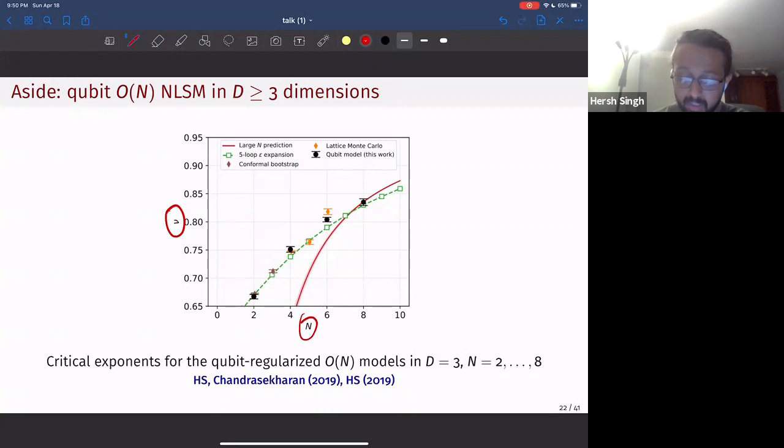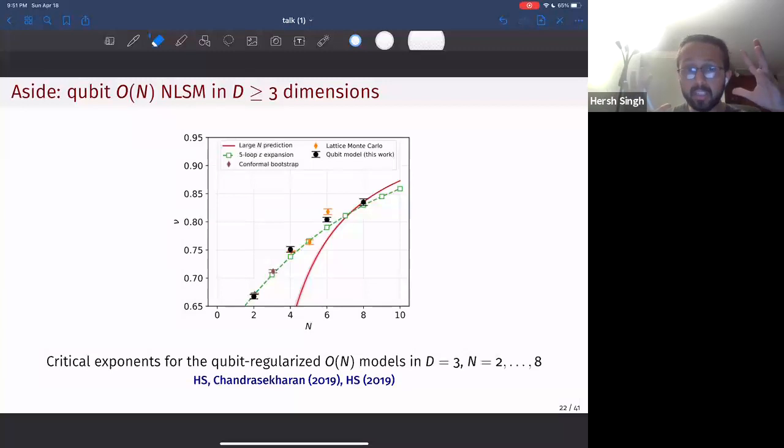For example, this green line is a 5-loop epsilon expansion, and then there's large n. All of these other methods seem to be in pretty good agreement. So that suggests that the 3-dimensional models are easy to construct, and you can do that for large values of n. This plot was d equals 3.